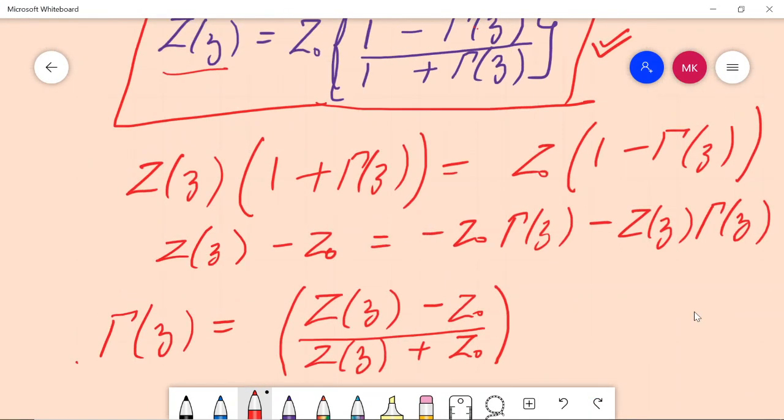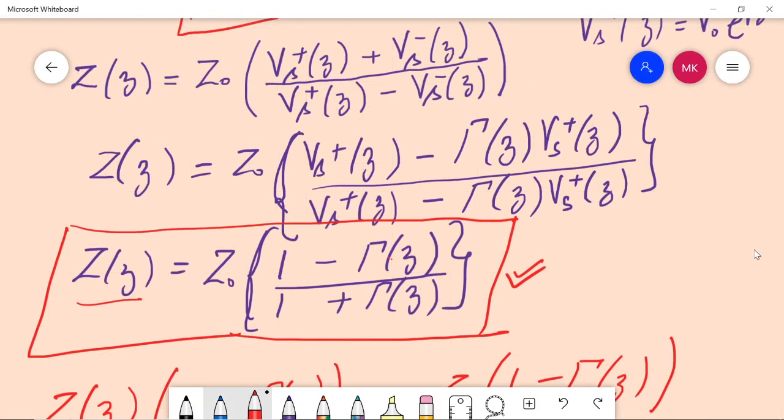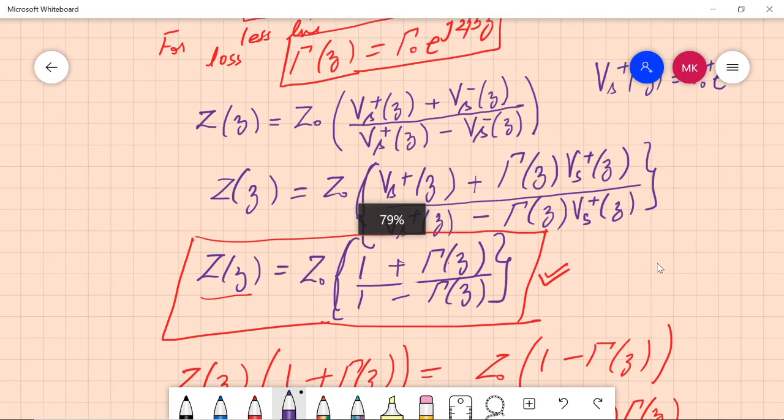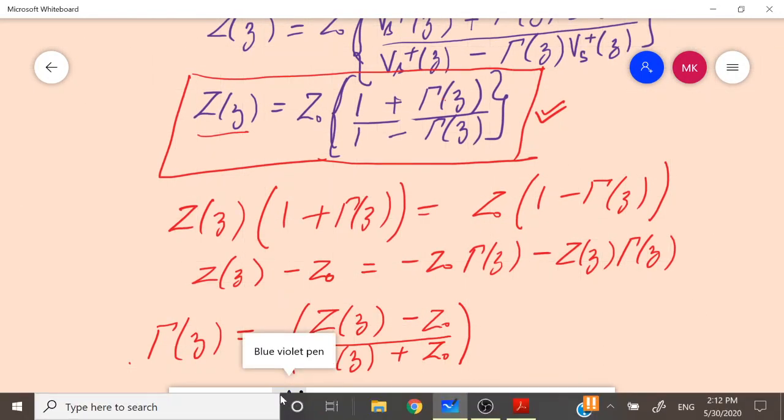What was the mistake? This will be a plus, and this will be a plus, and this will be a minus here.